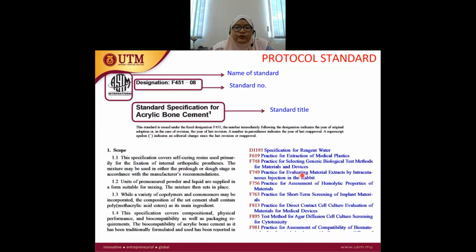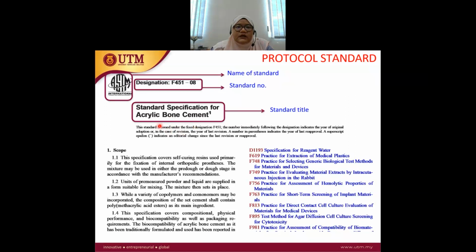Okay, this one is the protocol standard. We normally search for the protocol for our methodology. If the methodology has certain protocol standards, you need to comply with them.